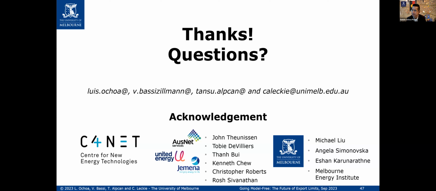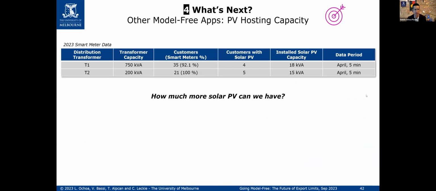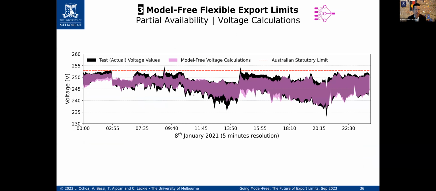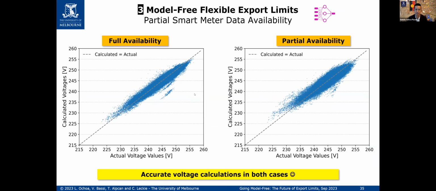For the calculated versus actual graph, what is causing the straight diagonal line? Oh, you're referring to this plot here, the full availability. Well, it is what it is. Vinny, do you have any comments for that particular little cluster there? No, my guess is that it's erroneous measurements in a row that were not filtered by the data processing.